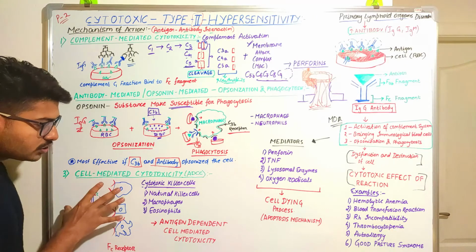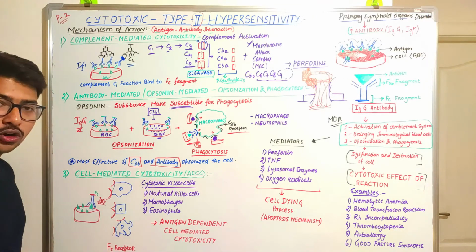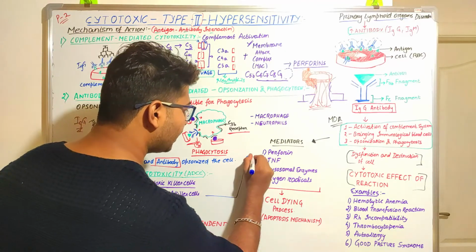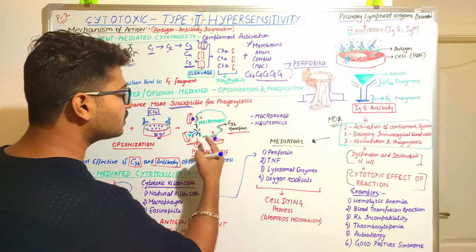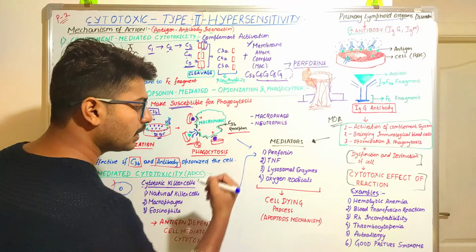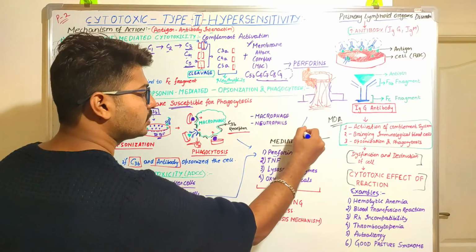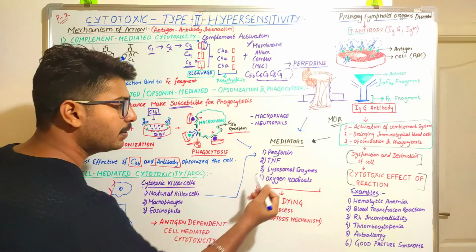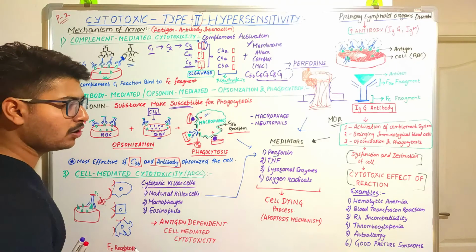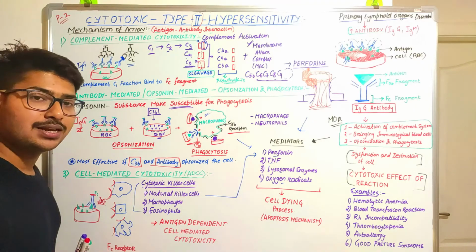So this whole process regulates the process of cytotoxicity. How? Because they will produce certain kinds of mediators. In the case of macrophages, they will produce these mediators. What are these mediators? They can be perforin in the first phase, tissue necrotizing factor, and lysosomal enzymes in the macrophages. It can also stimulate the production of oxygen radicals.